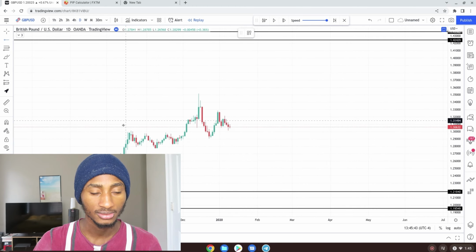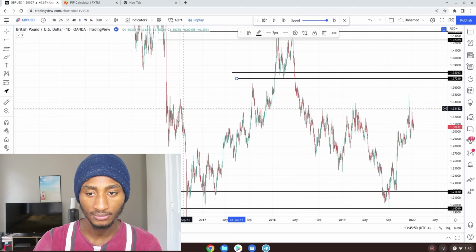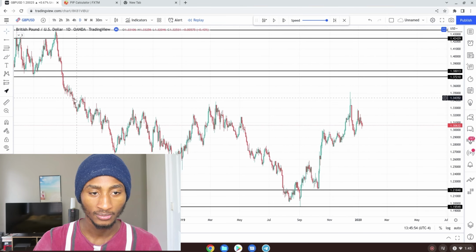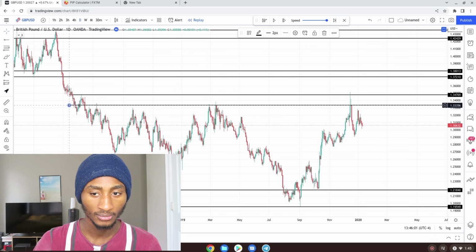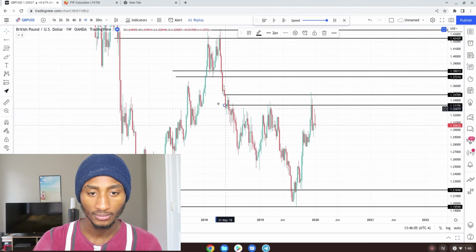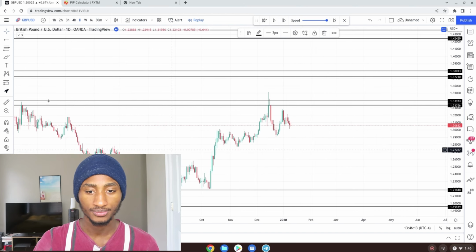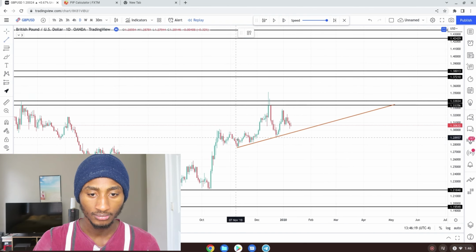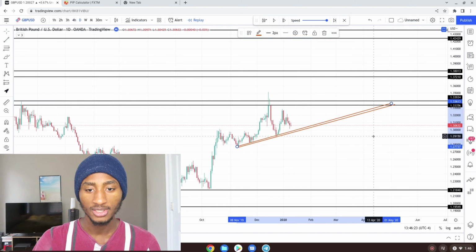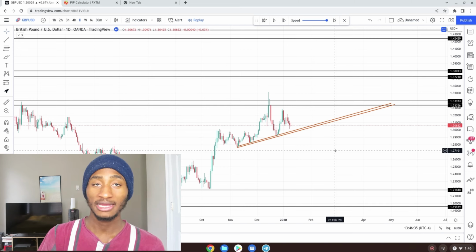Okay, let's jump to the daily real quick. The reason why most of the time I draw my trend lines like 2 is because it's a respectful trend line, and another reason is the market touched that trend line 3 times.